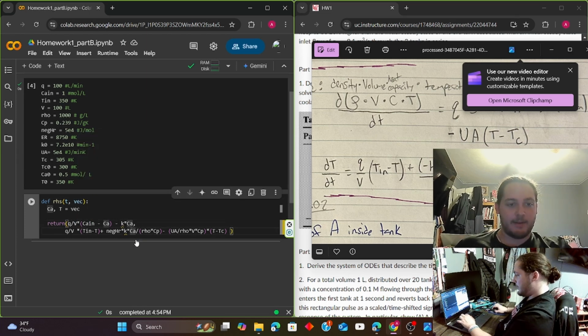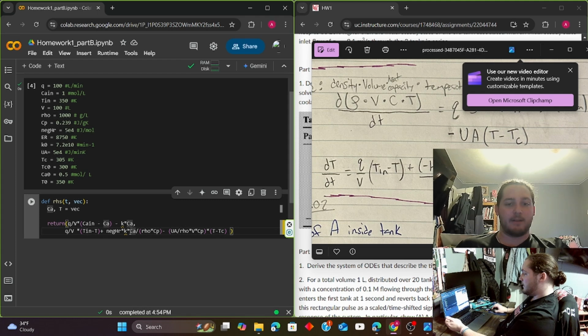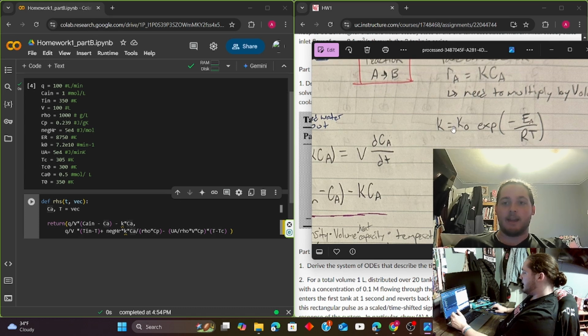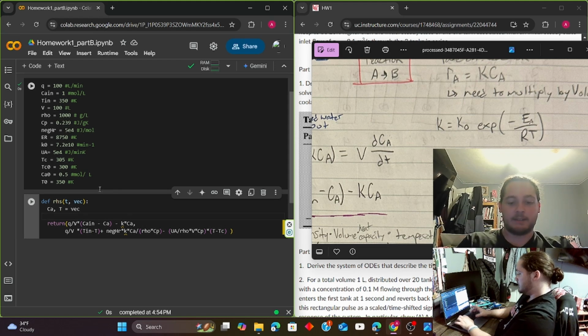So you notice here that we do not have a defined value of our K yet. However, we know that due to our rate of reaction, K is equal to K naught times e to the negative value of the activation energy over the gas constant times temperature. So let's go ahead and define that in here.